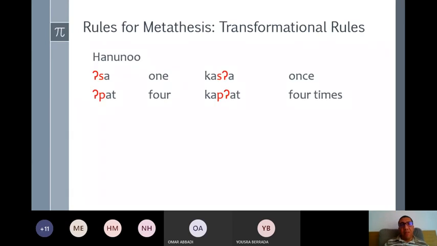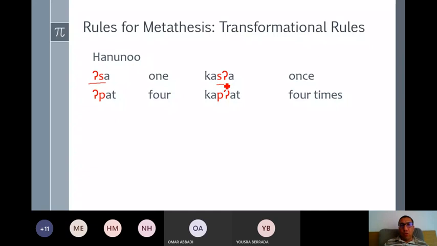Remember metathesis in Hanunoo. What metathesis does in this language is that we switch the order of two segments. The sequence of glottal stop plus fricative s becomes s followed by the glottal stop.